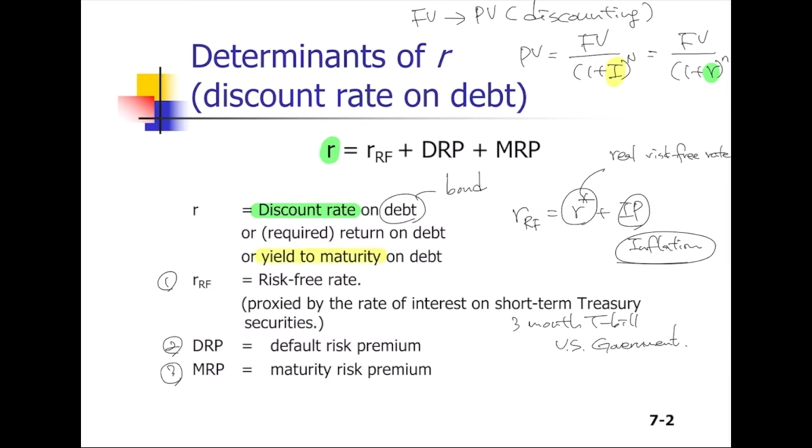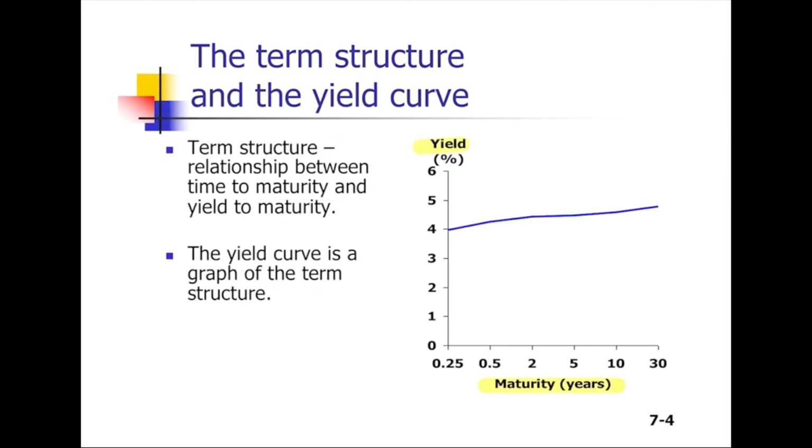So it can be determined by these three terms: risk-free rate, default risk premium, and maturity risk premium. So in this case, yield to maturity can be calculated by RF, DRP, default risk premium, and maturity risk premium. So the yield to maturity can be rewritten as R, right? The discount rate.